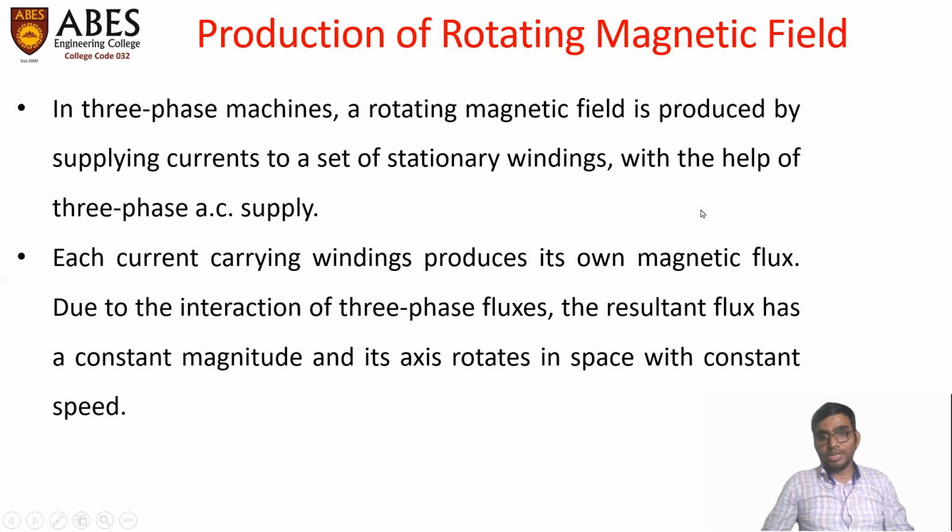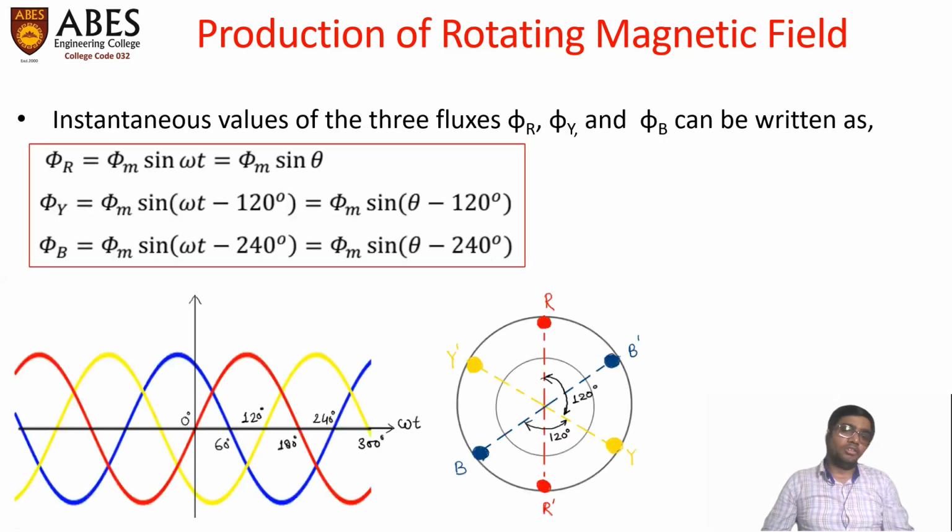The direction of rotation can be found by obtaining the phase sequence, and the speed can be found by knowing the supply frequency and the number of poles. So we will analyze the nature of the rotating magnetic field analytically as well as graphically.